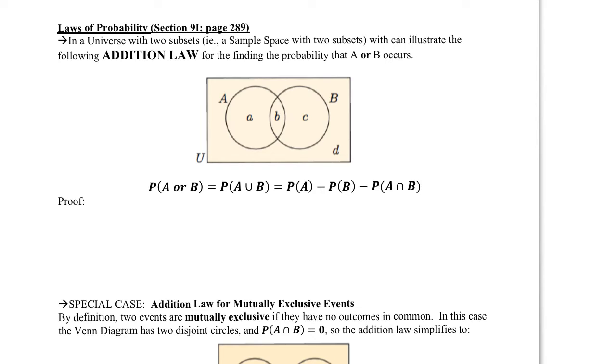So in the laws of probability, what we're going to show you is something called the addition law. The first scenario is if we have two events A and B, and they share some outcomes, then we would draw a Venn diagram with intersecting circles, and we're interested in finding the probability that event A or event B occurs.